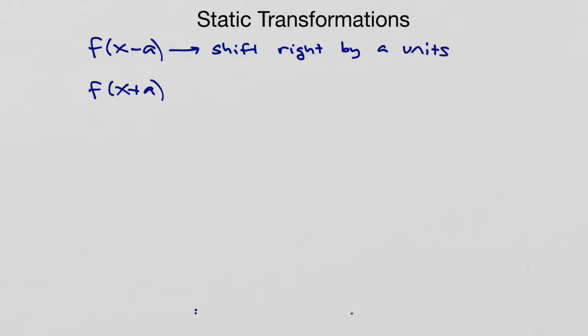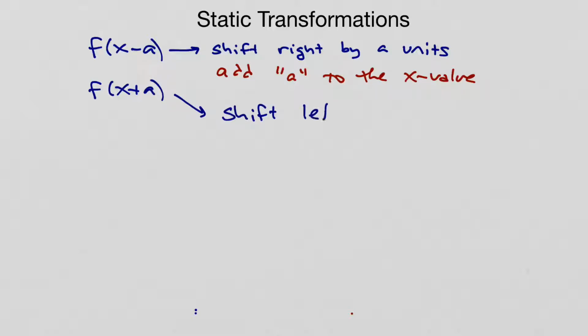And the way we do that is we add a to the x value, and f of x plus a will shift the function left by a units. And what we're going to do with that mathematical operation is we will subtract that value a from the x value.